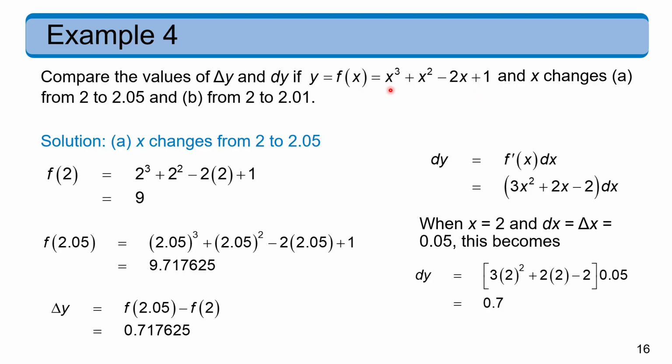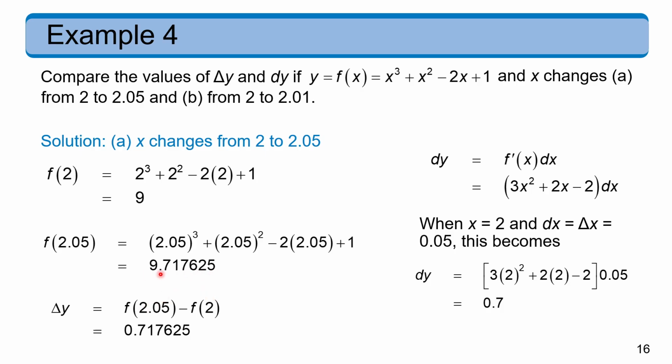So f of 2, we get 2 cubed plus 2 squared minus 2 times 2 plus 1, simplifies to 9. And then we need f of 2.05, so this time we plug 2.05 into the same formula, simplifies to this decimal here. So now we know these two values, we plug them in, right?